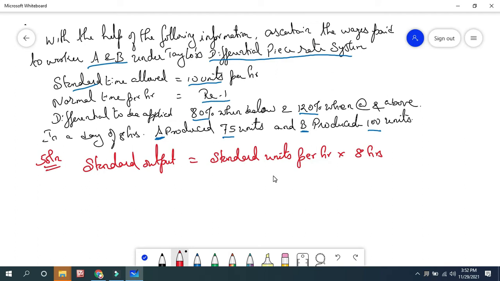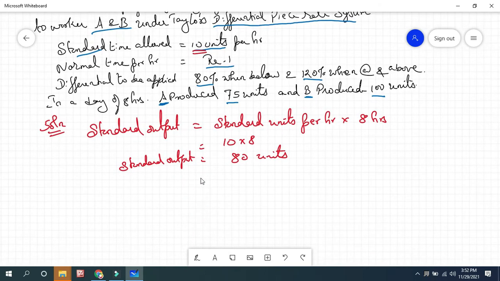Standard units per hour is 10. So that is 10 into 8, which means standard output is equal to 80 units.